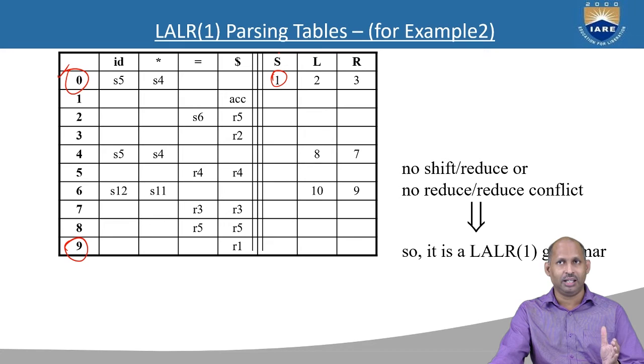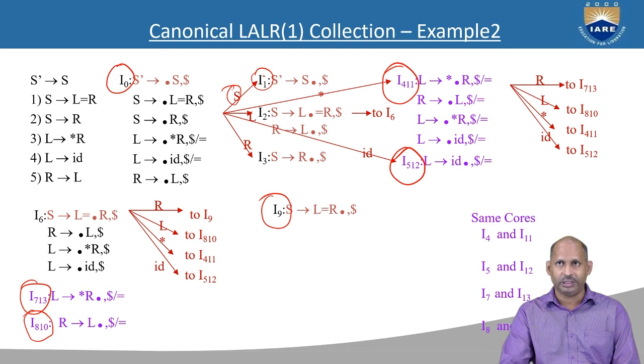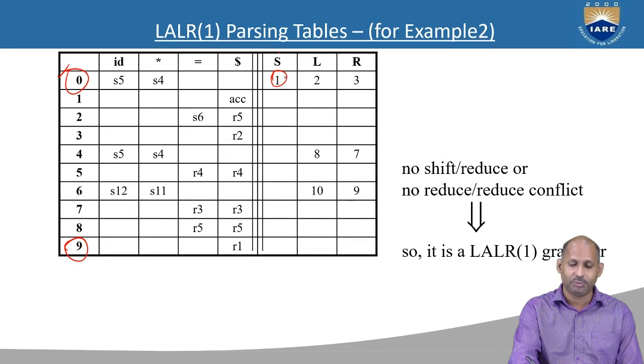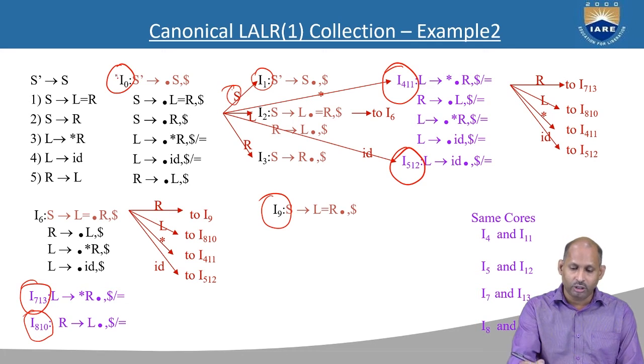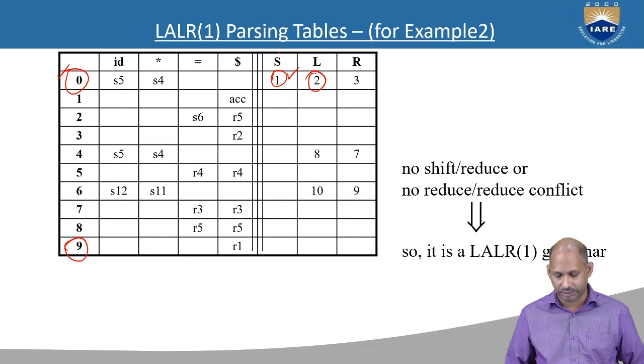Similarly, in canonical LR we are constructing the LR parsing table; that is the only difference. I0 on S goes to I1, so in the goto operation, on the variable S we simply write 1. Next, I0 on L goes to I2, so on L it is going to 2. Since it is a variable, we write it in the goto operation.